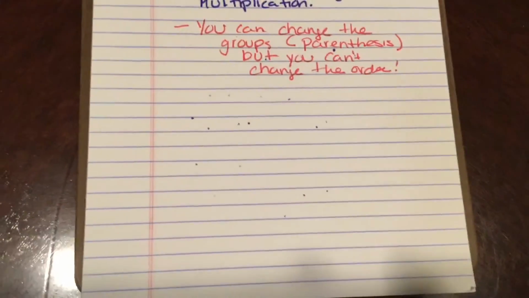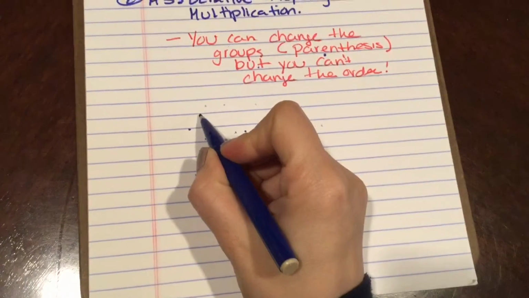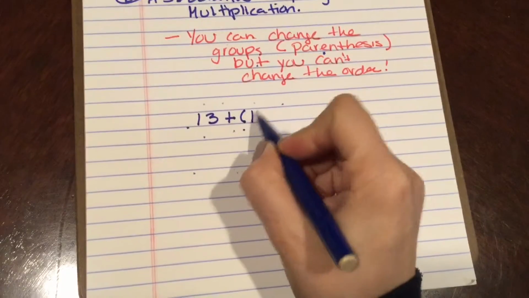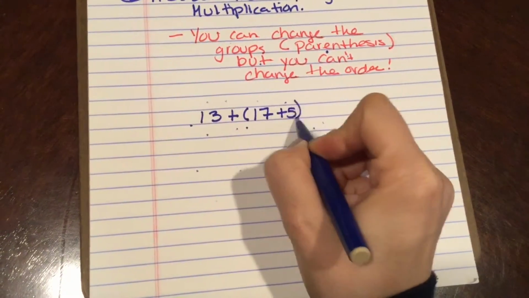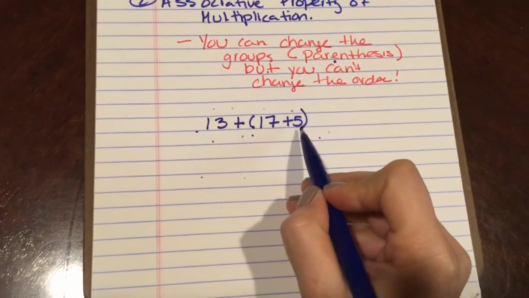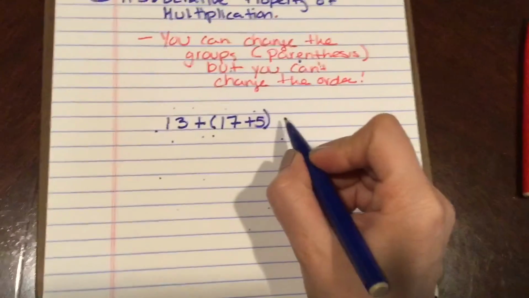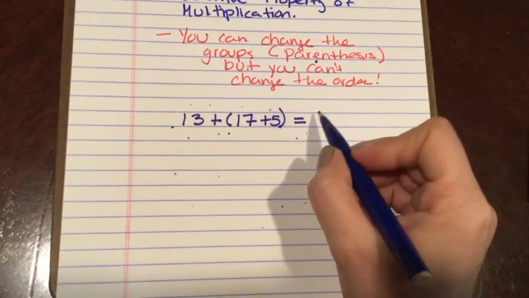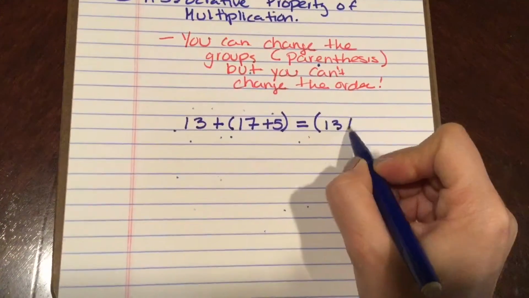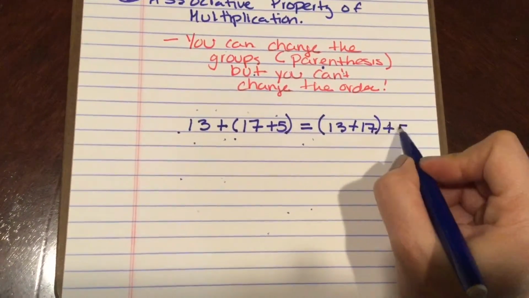Let's look at some examples now. Okay, so for example, if I have, let's say 13 plus parentheses, 17 plus 5. If we use PEMDAS, we have to do 17 plus 5 and then add 13. But if I use the associative property, I can say, hey, let's change the parentheses and let's put 13 and 17 together and then add the 5.